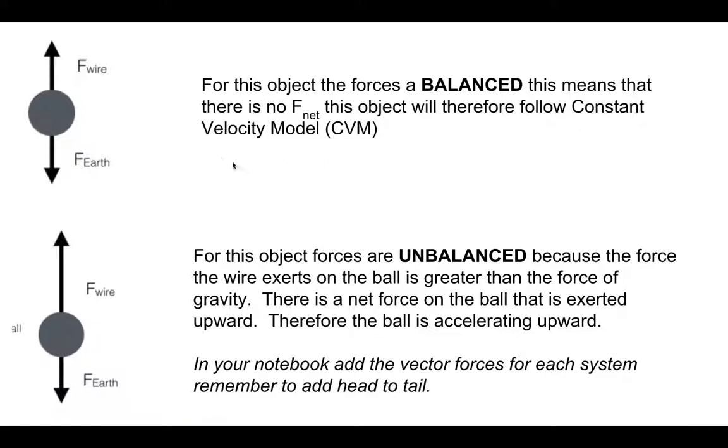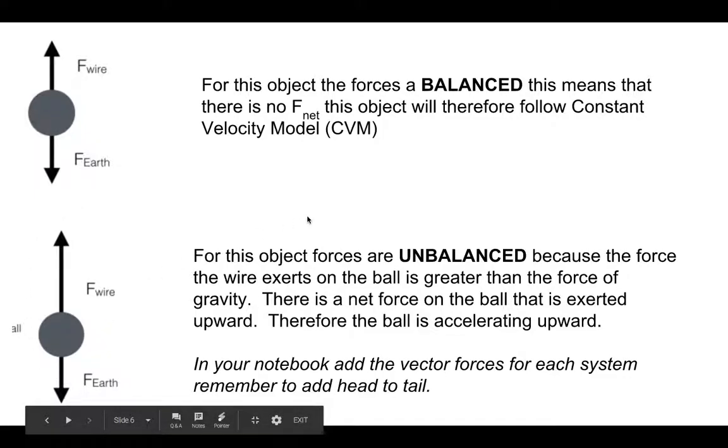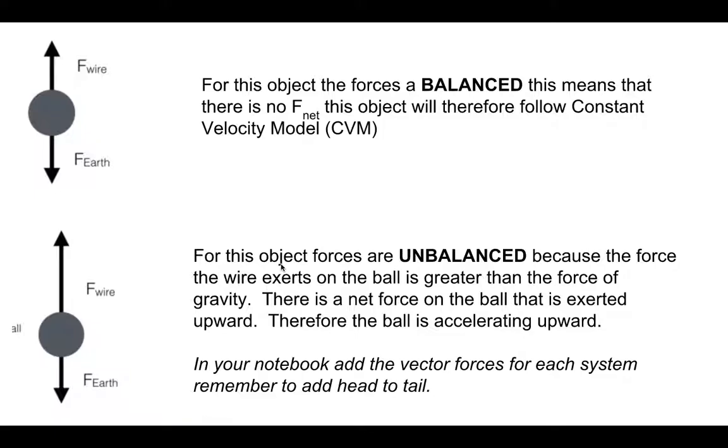It has 0 acceleration. And if you think about it, if you added these vectors, F earth to F wire, head to tail, they would exactly equal each other, and there would be no F net. So they're balanced in that way. There's no F net. Now for this free body diagram, there is an F net. And we call this an unbalanced system, because the forces do not cancel each other.